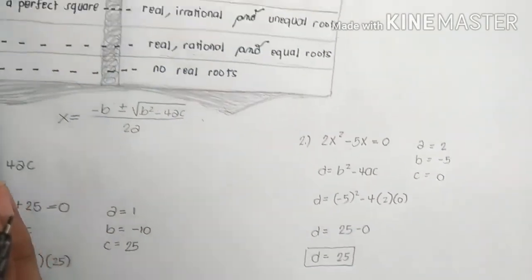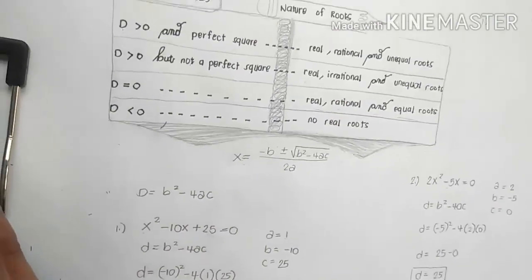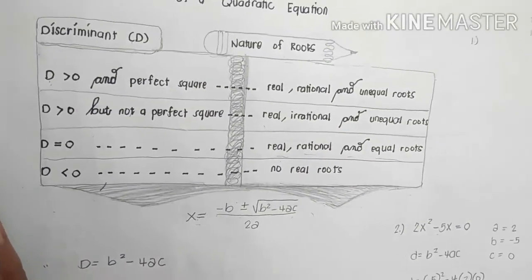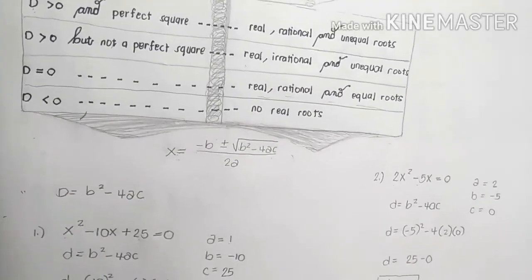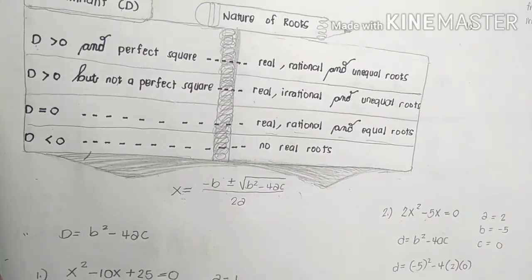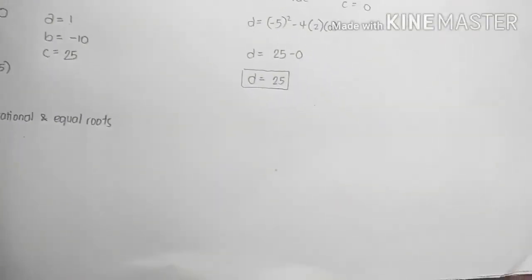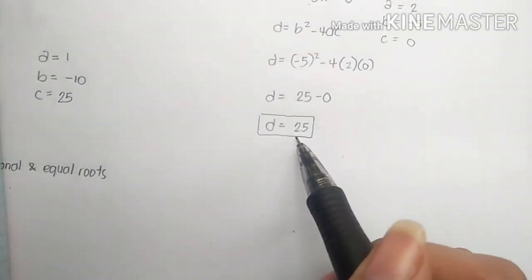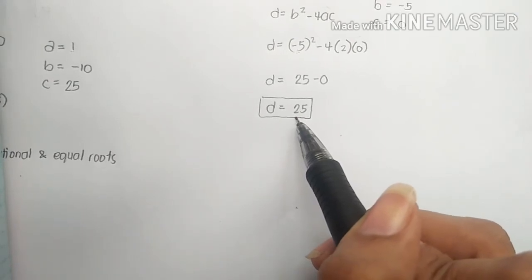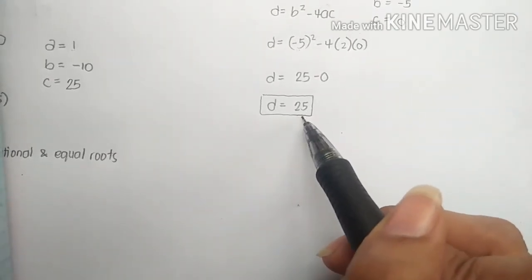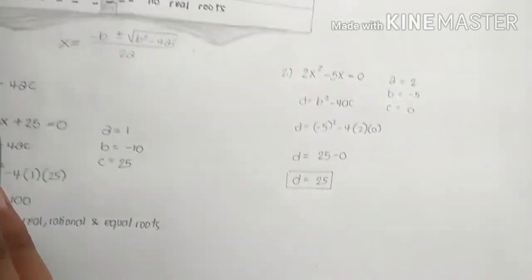But is this a perfect square number or not? Obviously, it is a perfect square number.